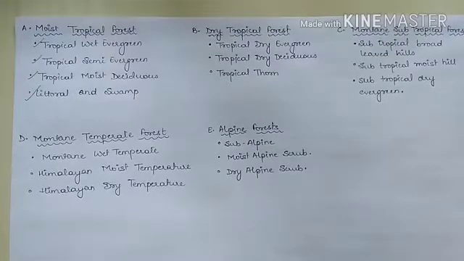Swamp forests are confined to the deltas of the Ganga, Mahanadi, Godavari, Krishna, and Kaveri rivers. Ganga forms an arcuate delta, while the others form estuarine deltas. So in these deltaic regions we have swamp forest.